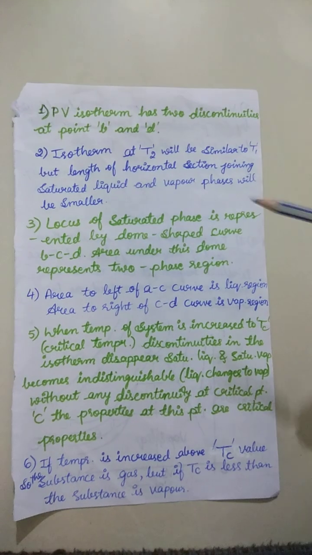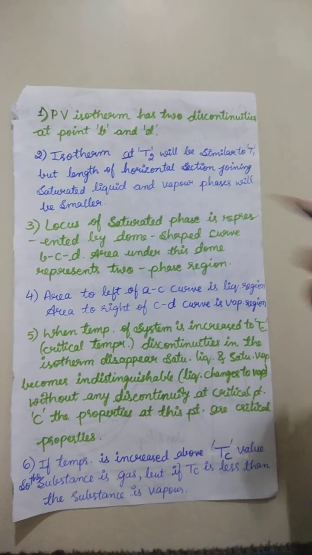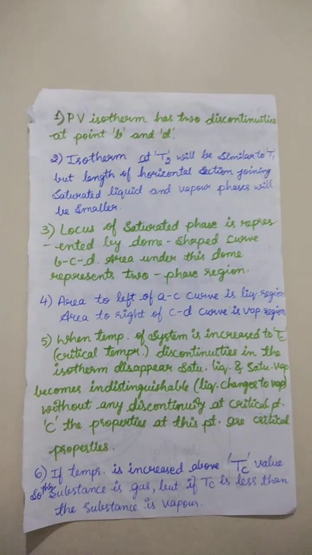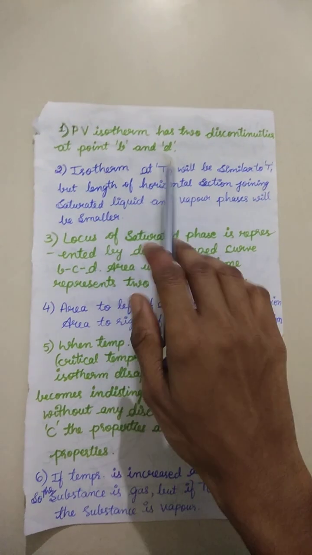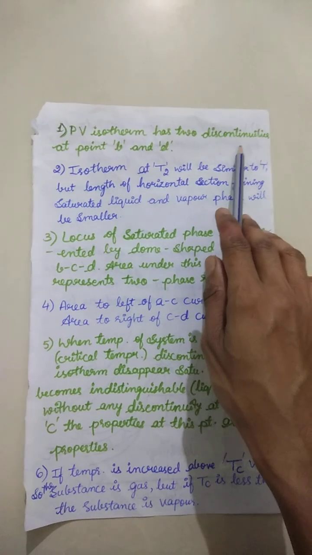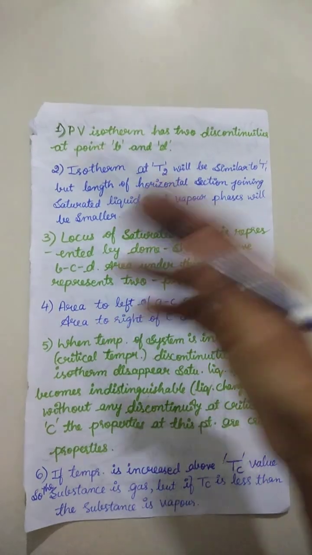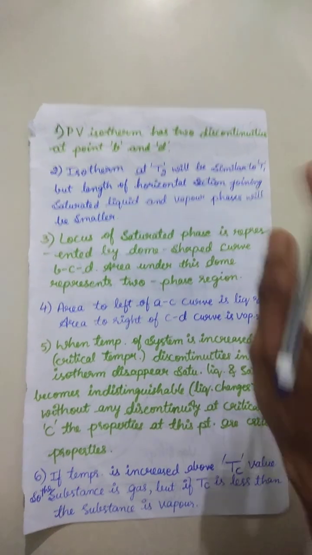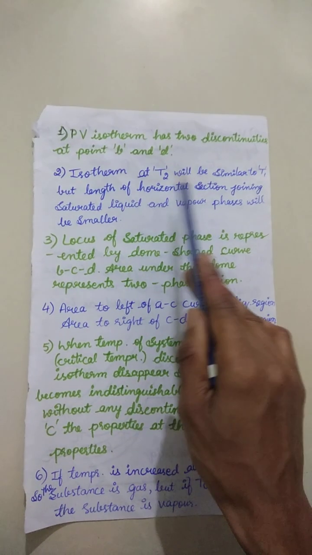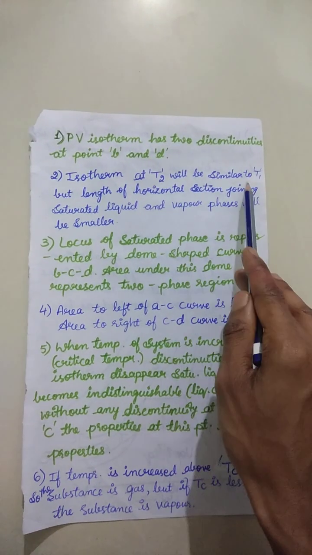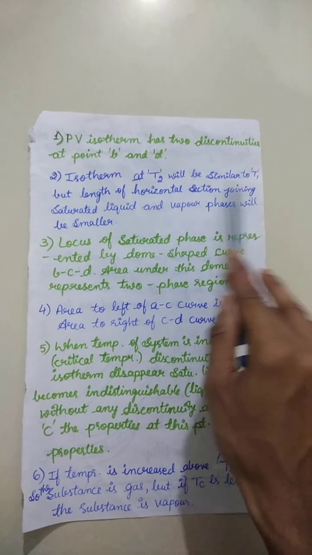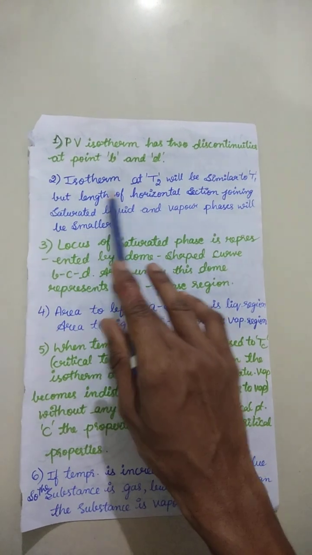So what happens in this isotherm that we are trying to discuss here? This isotherm has two points, B and D, where we can see the discontinuities. That which is not continuous, or not the same. There will be some difference. So what is the difference? It is compared with the temperature. The temperature will be similar because it says isotherm.